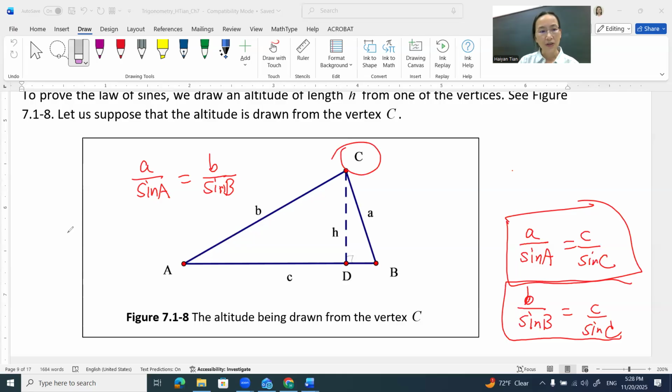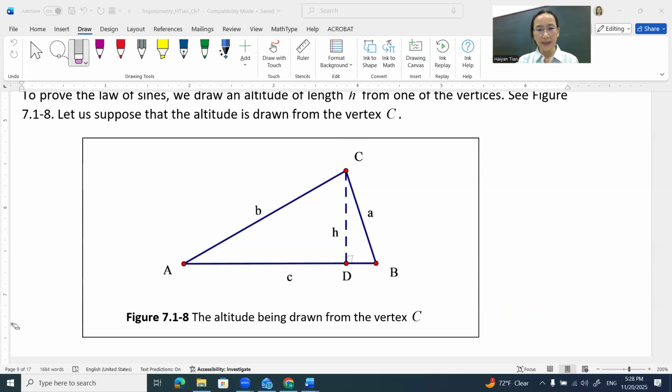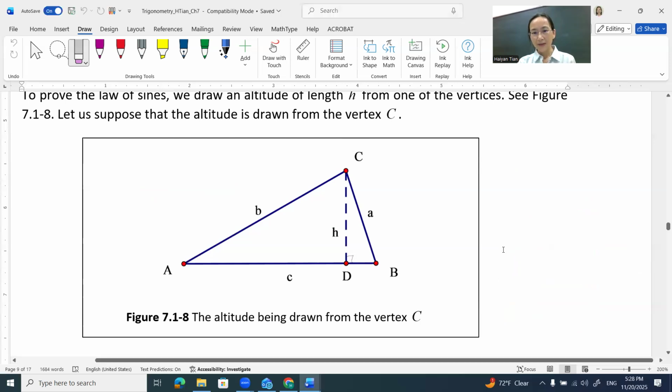You just choose a different vertex and do a similar kind of proof. So that is a proof of the law of sines.